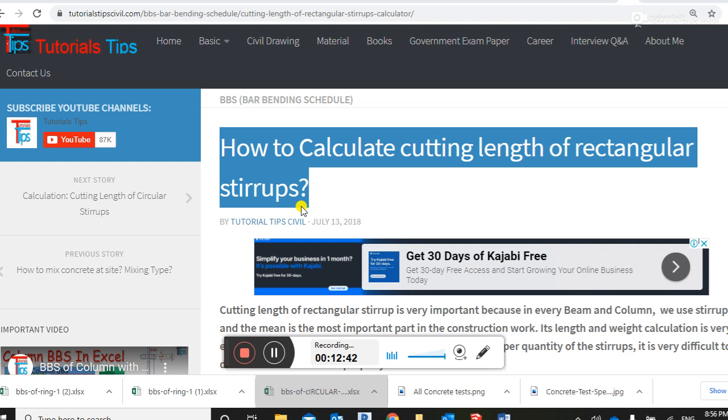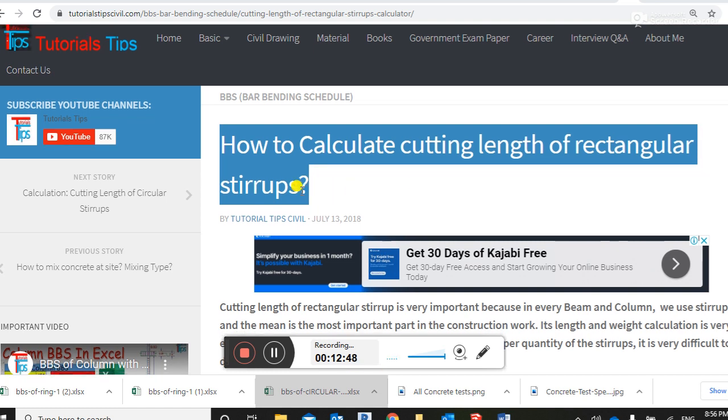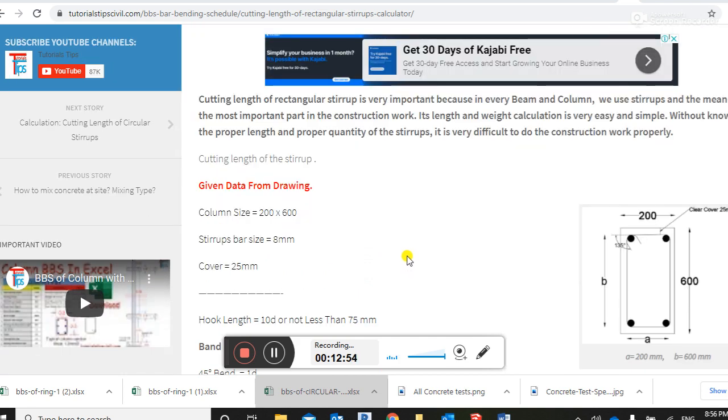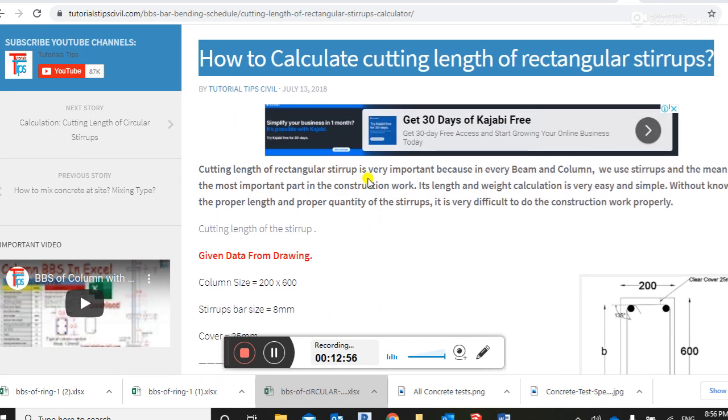Guys, coming to another section, how to calculate the cutting length of rectangular stirrups. We have an example here also for calculation. Cutting length of a rectangular stirrup is very important because we use stirrups in every beam and column.